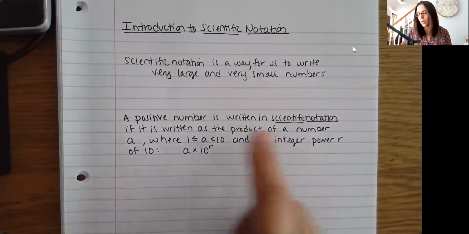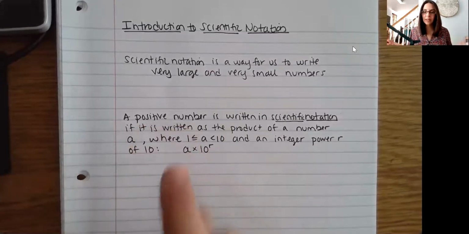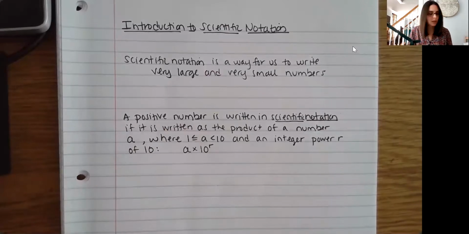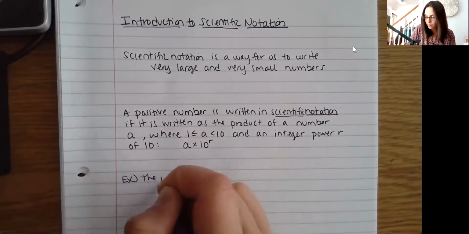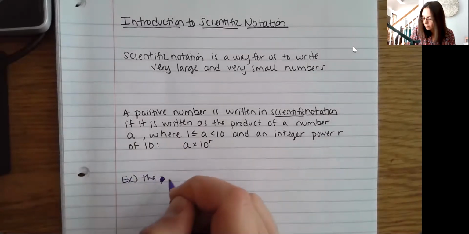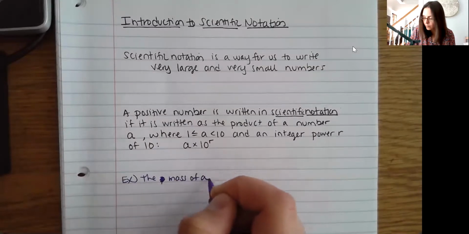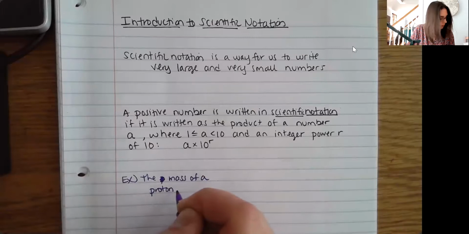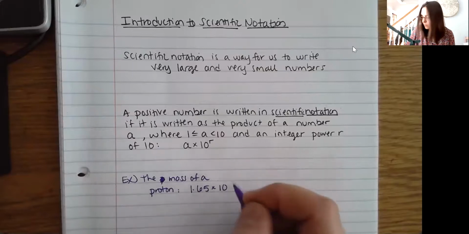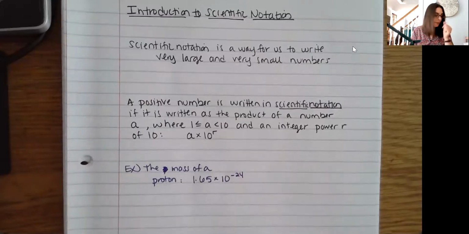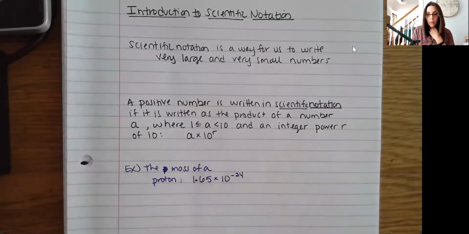And now your definition says it's a positive number A, but it works the same way for negative numbers as well. Okay. So for examples, we can write the mass of a proton as 1.65 times 10 to the negative 24.